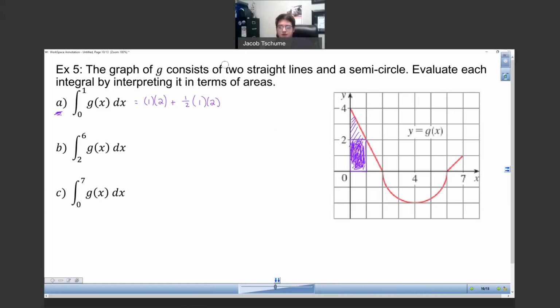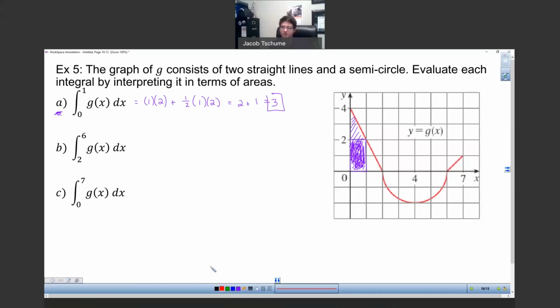So all I'm doing here is taking the area of my rectangle and adding the area of that triangle to get the total area under the curve. And if I were to work this out, this would be 2 plus 1, which comes out to be 3. That is the area between 0 and 1. And that's all an integral is doing, is you're finding the area under the curve.